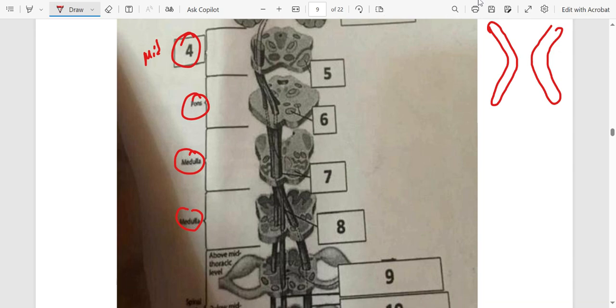So in the midbrain, we have got a structure labeled as 5. Remember, this is actually showing the back. The midbrain is connected to the cerebellum via what structure? Anyone? What's the name of the structure that connects the midbrain to the cerebellum?